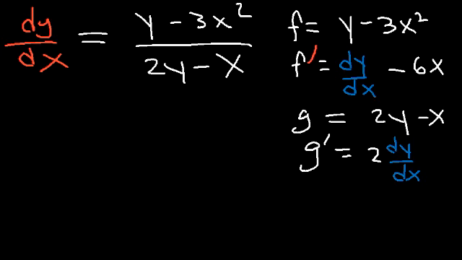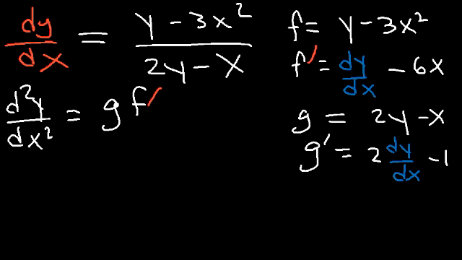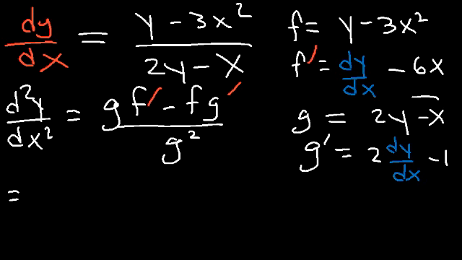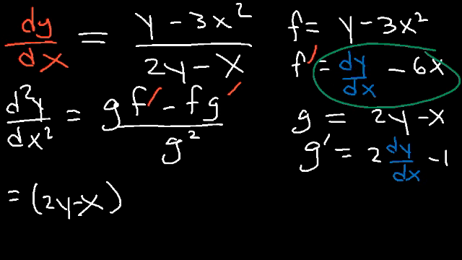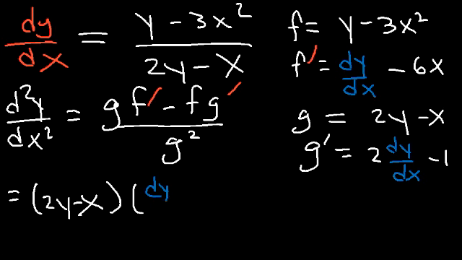So using the formula, the second derivative is going to be g f prime minus f g prime divided by g squared. So g, as we can see, is 2y minus x. f prime is dy dx minus 6x.